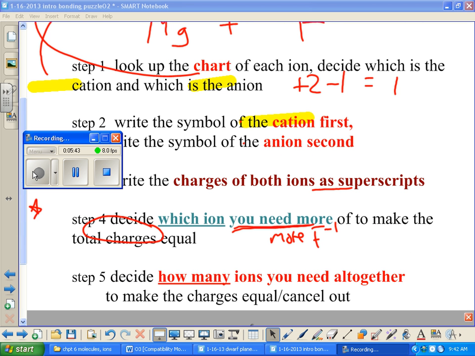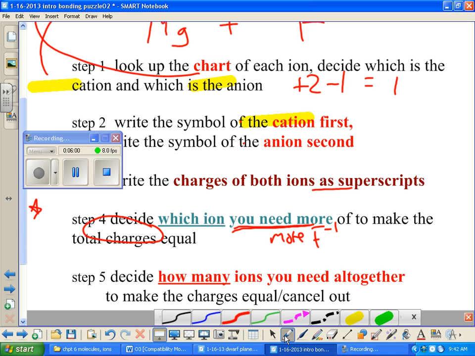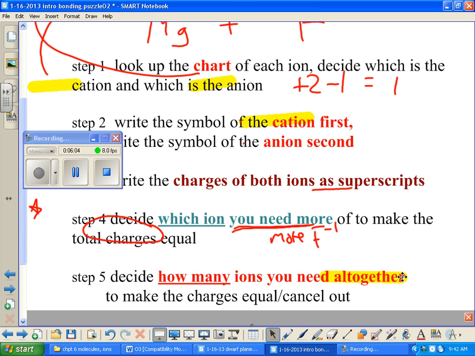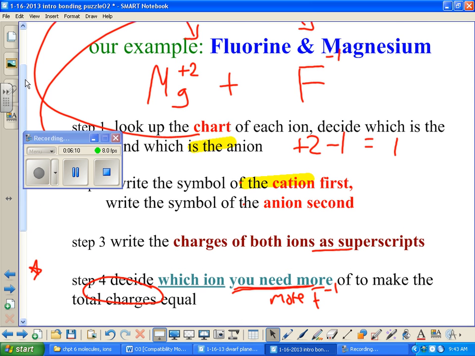Next step. Once you decided which you need, do I need more pluses? Do I need more minuses? Now it's how many more do I need all together? How many do I need all together? I emphasize this all together phrase. Thank you. So we decided the minuses are behind.